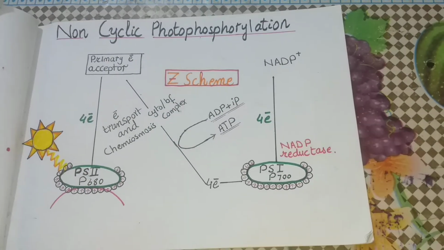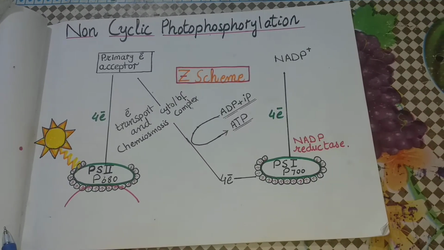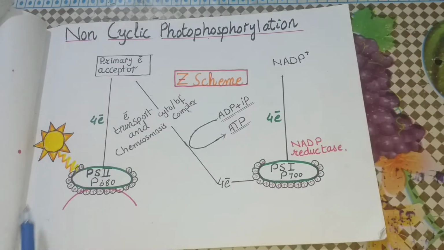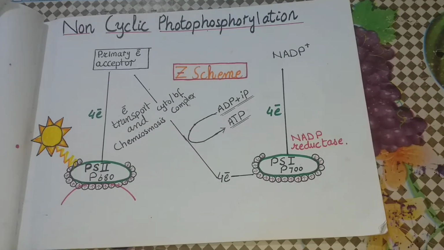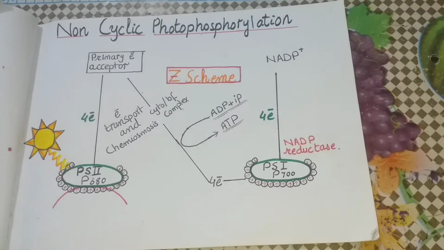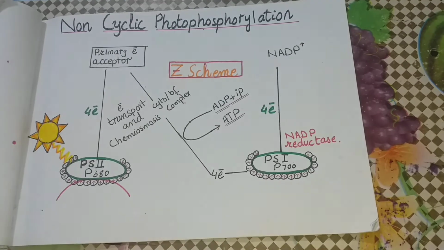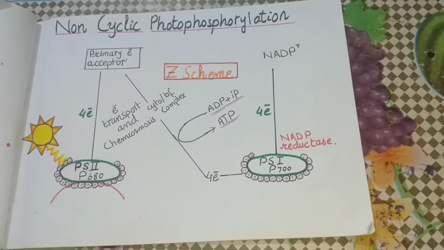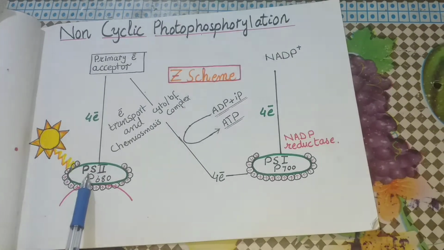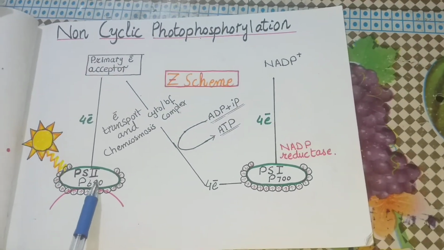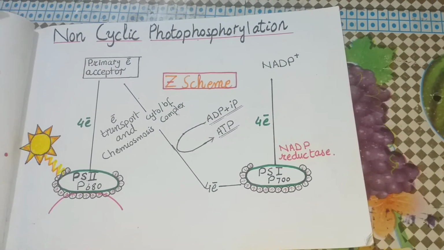Before this, you should recall that I have told you PS2 is concerned with another important process known as photolysis, meaning splitting of water. So photosystem 2 is related with photolysis.